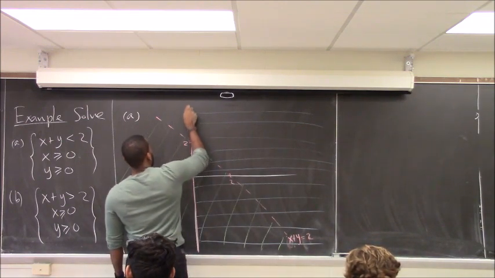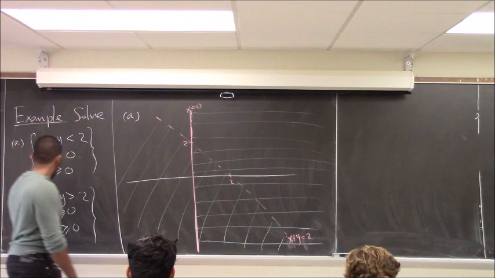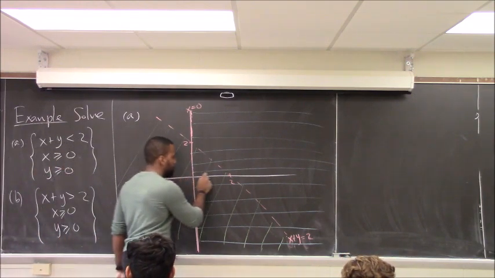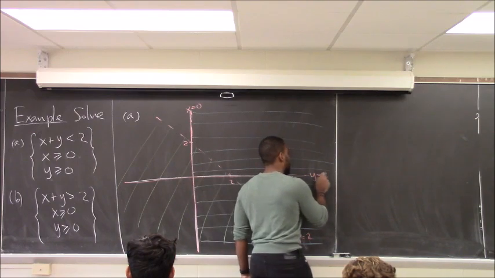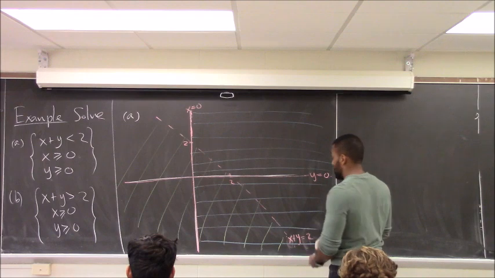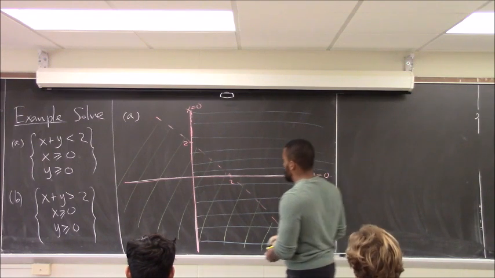So line x equals 0. Then I'm going to look at the line y equals 0, which is the x-axis. It's going to be this. And I want y to be greater than or equal to 0, so that is going to be everything above.